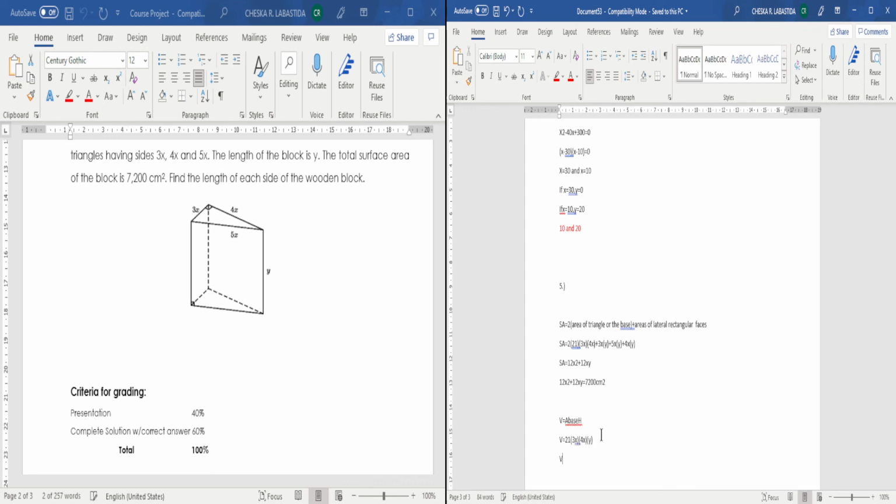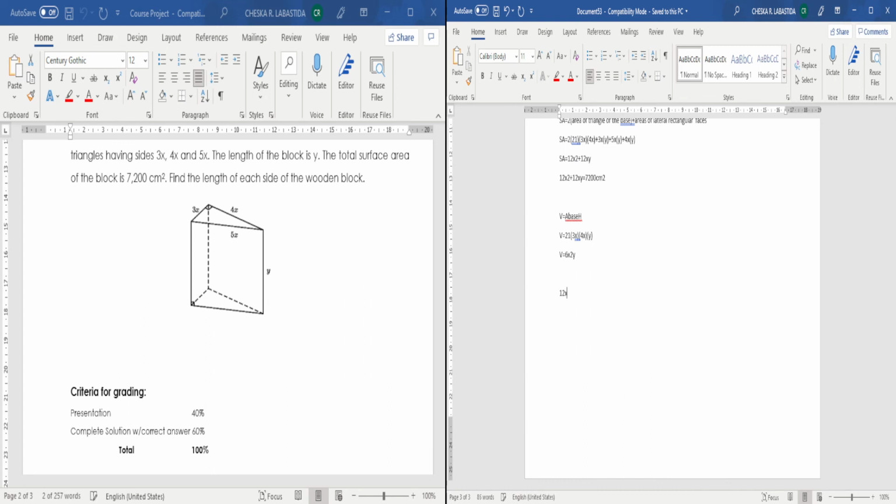So the volume will be V equals 6x squared y. To optimize the value of the volume, set its derivative to 0. So first solve for the value of y in terms of x using the SA.